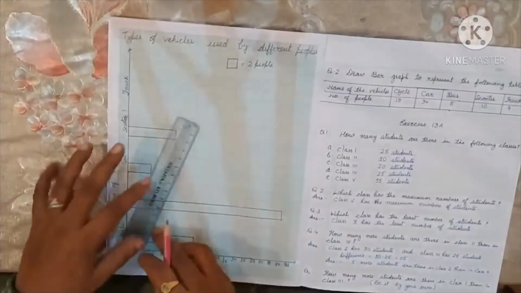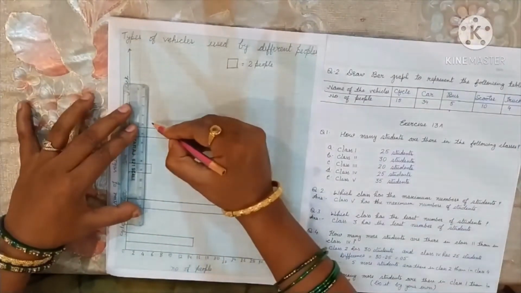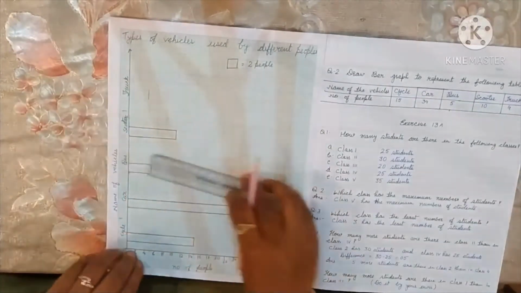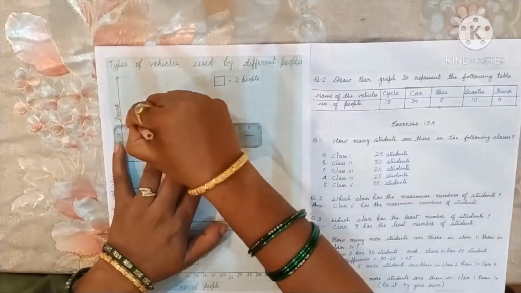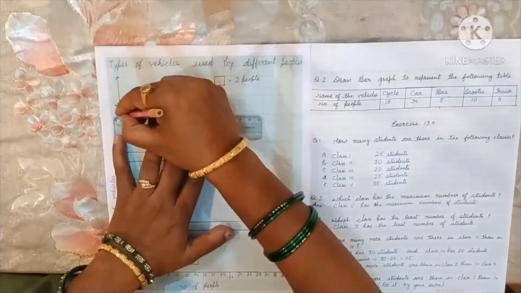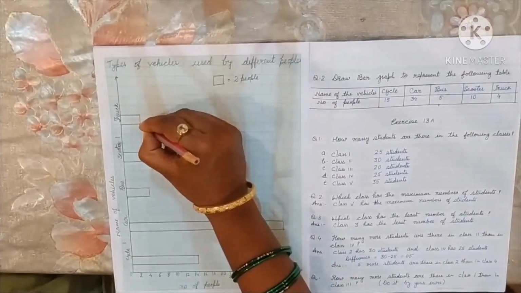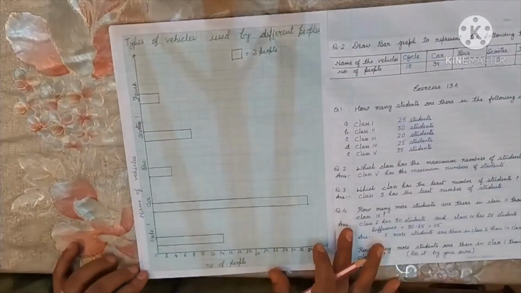So 4 is here. 1, 2, 3 blocks. So this is a horizontal bar graph.